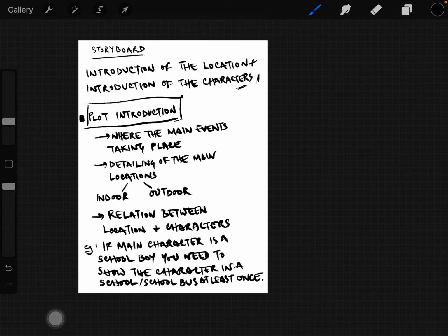And it plays a vital role in developing the story, how the story is developed based on a certain location, right? And it's mainly where the main events are taking place. So for example, your story is about the future, right?